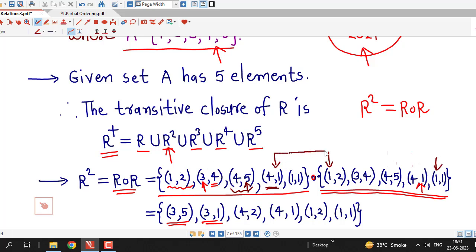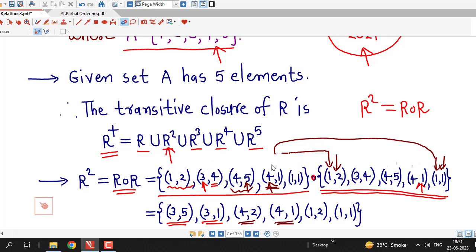If we combine these two, we have 4, 1 belongs to R and 1, 2 belongs to R, so we write ordered pair 4, 2 in the composition. Similarly, 4, 1 belongs to R and 1, 1 belongs to R. Here the first element is 4 and the second element is 1, so we have ordered pair 4, 1 in the composition.